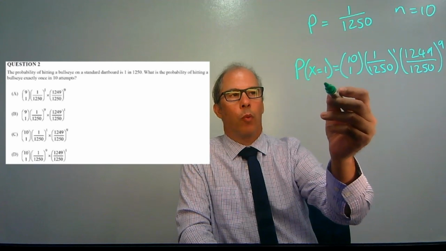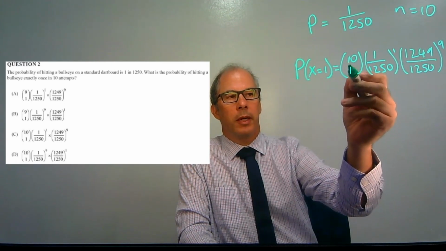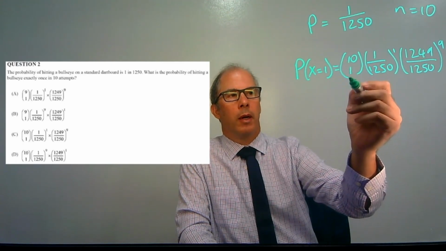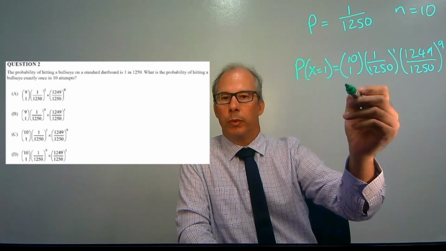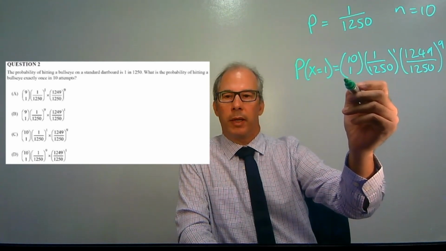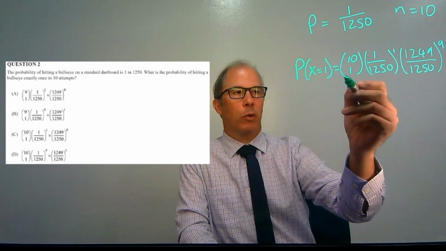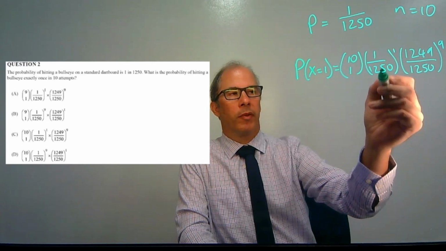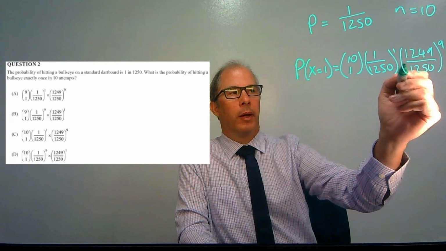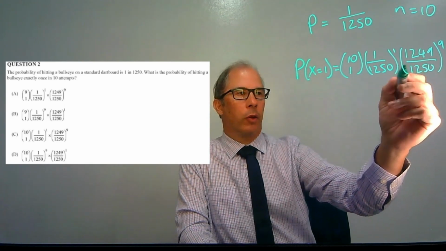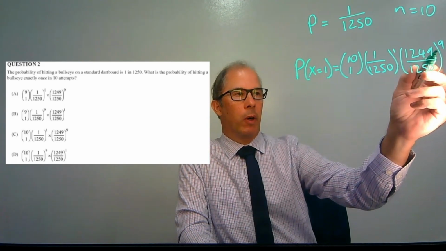Probability of x equals 1, 10 C 1. We only want the probability of hitting the bullseye exactly once. So 1 out of 1,250, p to the power of 1, multiplied by q to the power of 10 minus 1, which is 9.